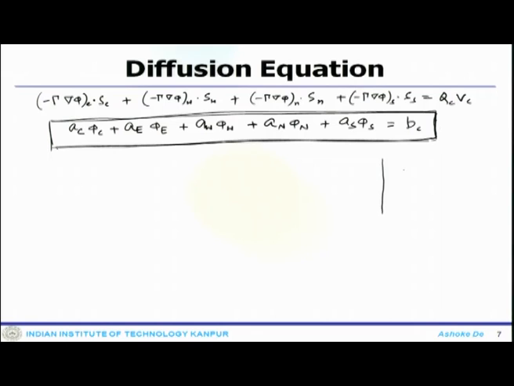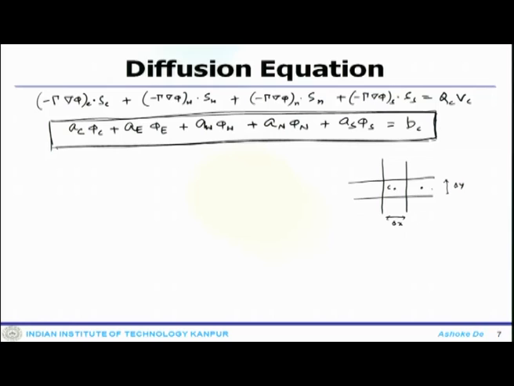This is the pattern of the discretization: the interior cell C and a uniform grid. This is the delta y which is uniform, this is the delta x which is also uniform.